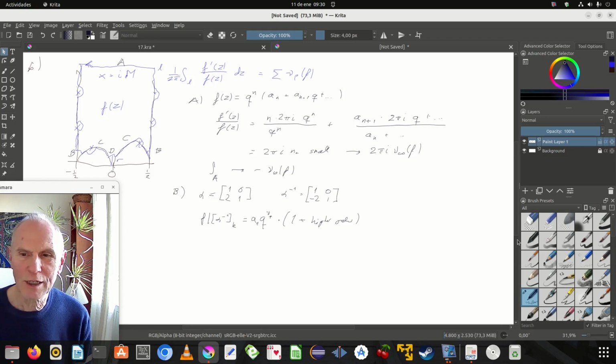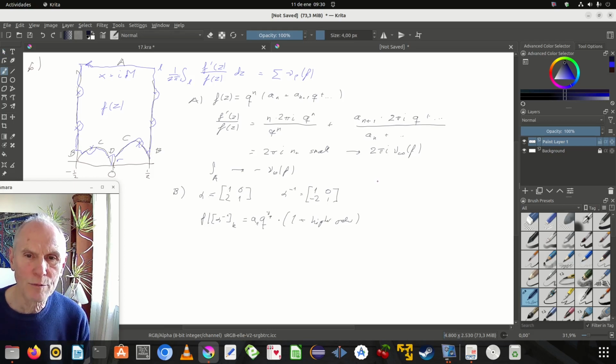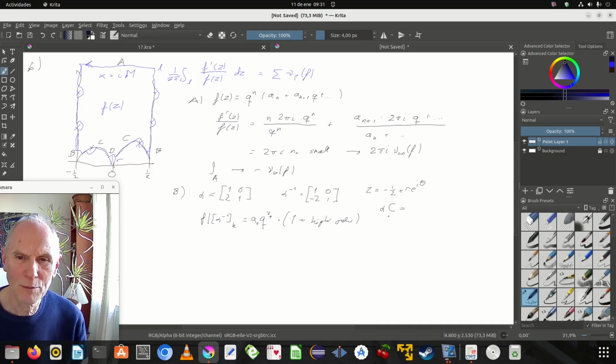Let's do it explicitly. I don't think that's necessary. So it's the parameter of the circle, the map of the circle given as a parameter map.